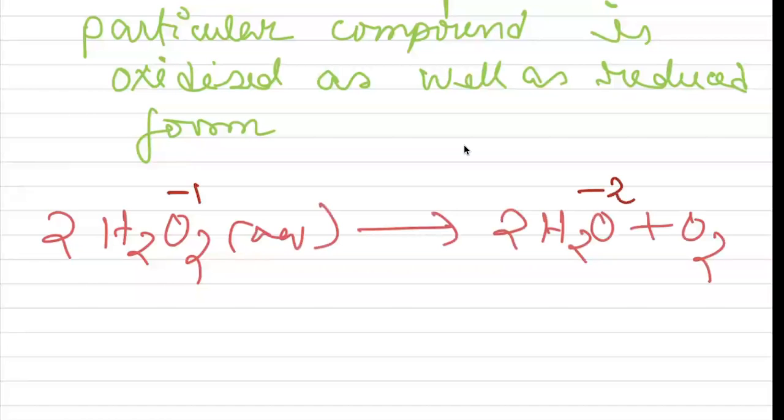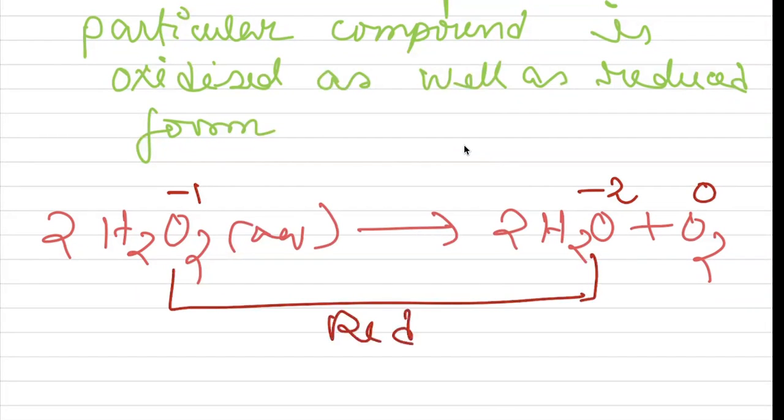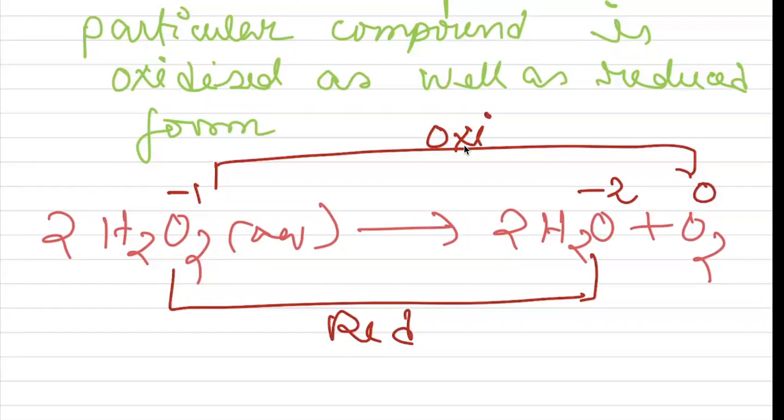In water, oxygen is -2 and in O2, oxygen is 0. So from -1 to -2 it is reduction, and from -1 to 0 it is oxidation. That means the same element is present in oxidation form as well as in reduction form. Okay, clear?